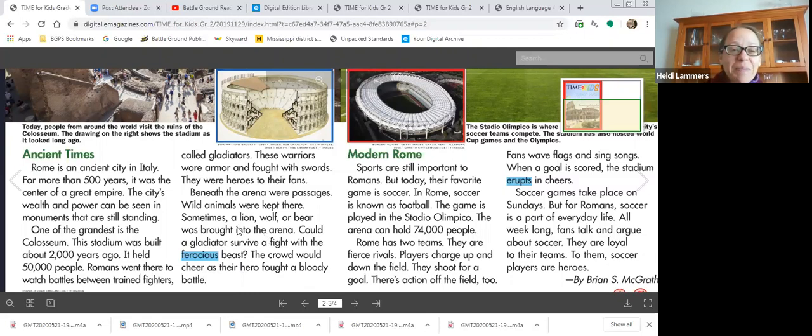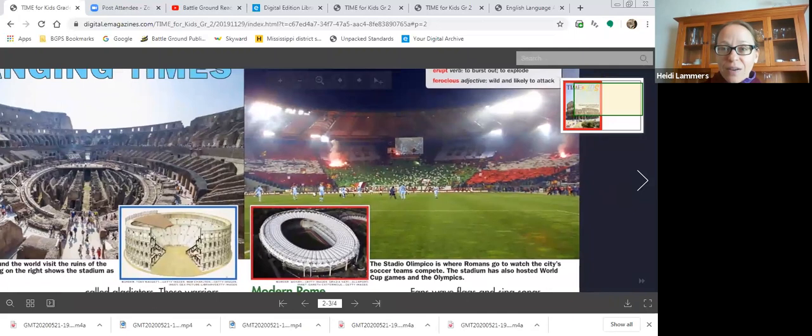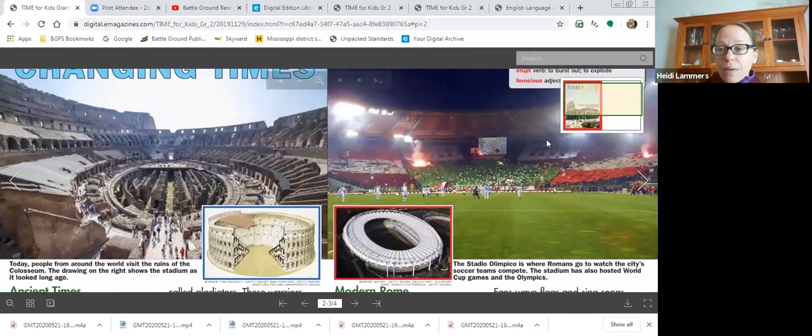So can you imagine sitting in a stadium and watching a gladiator, a warrior, fight a lion, wolf, or bear for fun? Pretty different. These ancient times were pretty different. Okay, now here is our modern stadium.